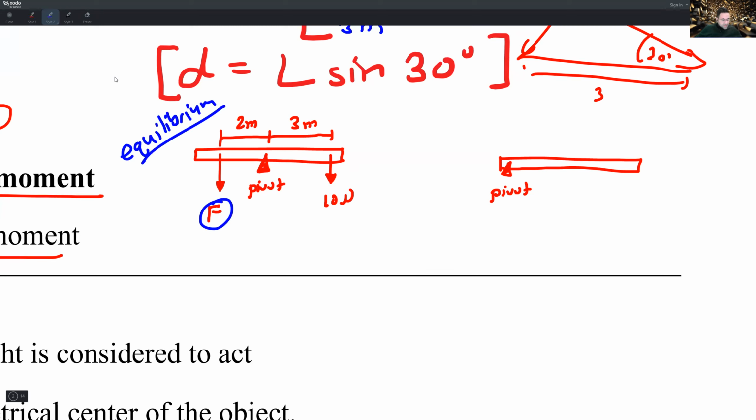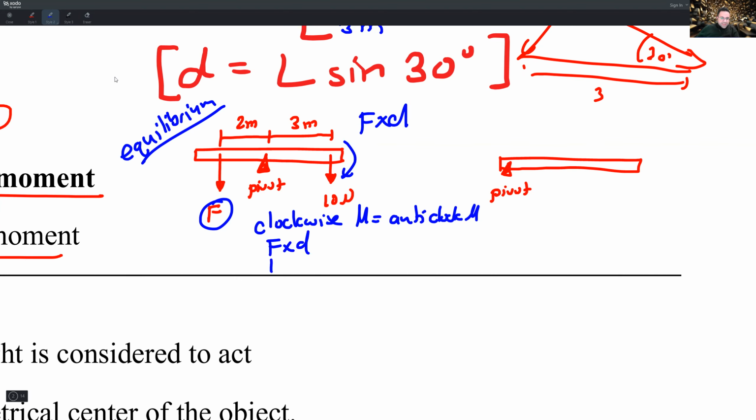The way we solve this is by simply saying the clockwise moment equals the anti-clockwise moment. And what's moment? Force times distance. So the clockwise force times distance is the 10, because it's on the right side, which makes it rotate clockwise. So we say force times distance, which is 10 times 3, the two values are given, equals the anti-clockwise force times distance.